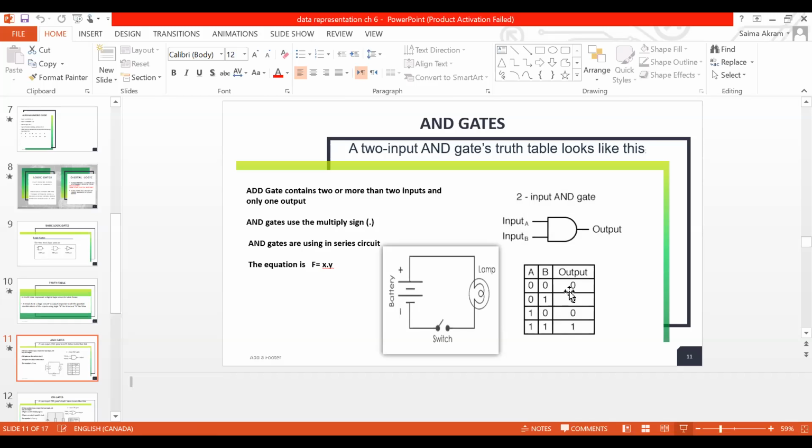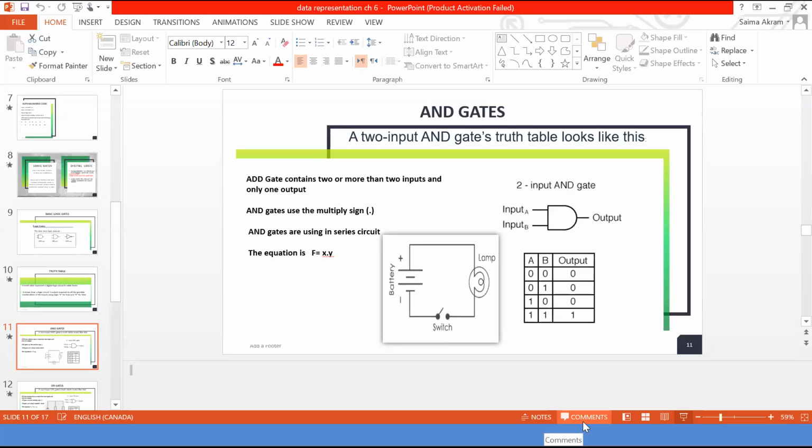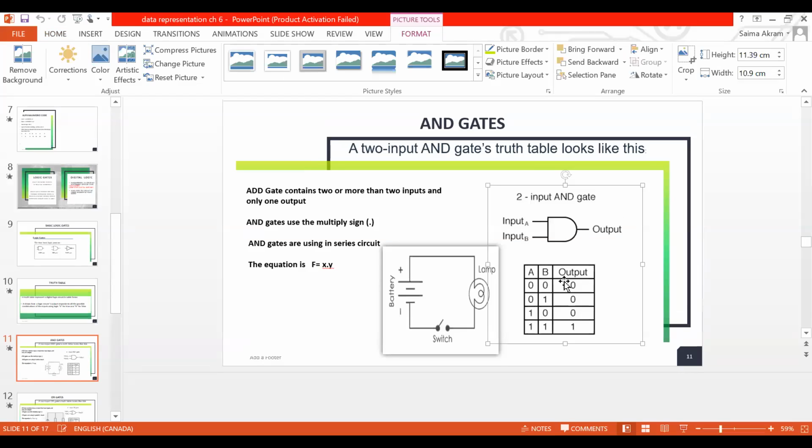Dua, hello. Hello girls. Yes ma'am. Is it understandable? When you switch on, what happens? Yes, when you turn on this light, the light turns on.